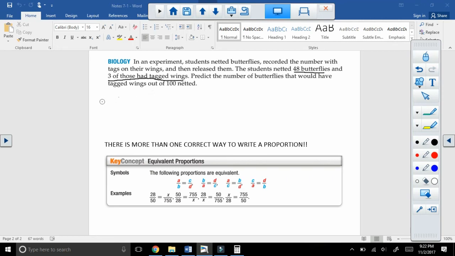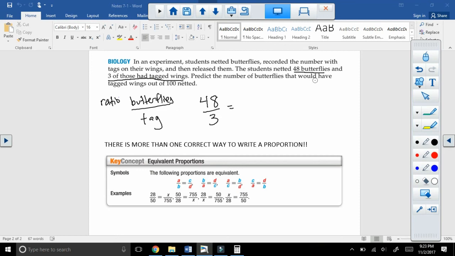So what I can do is write the ratio of the butterflies to the number of ones that had tagged wings. So if I set my ratio up like that, my first part is going to be 48 to 3. So 3 out of 48 had tags.